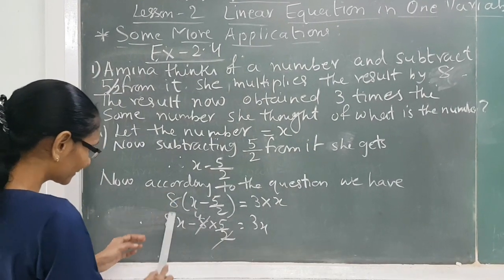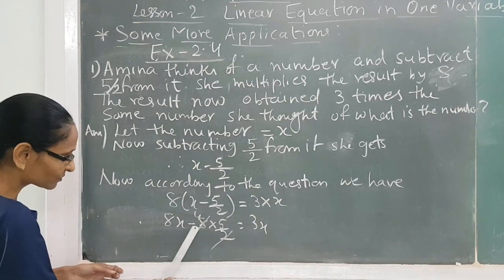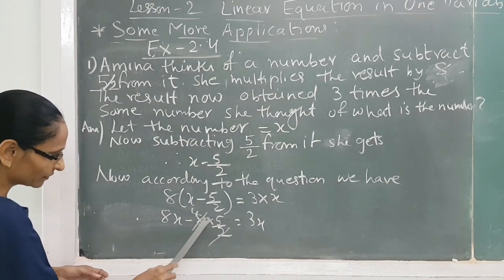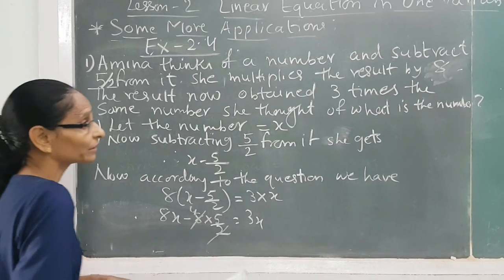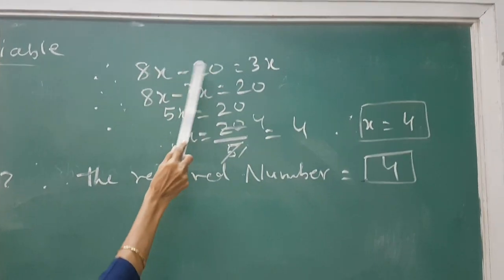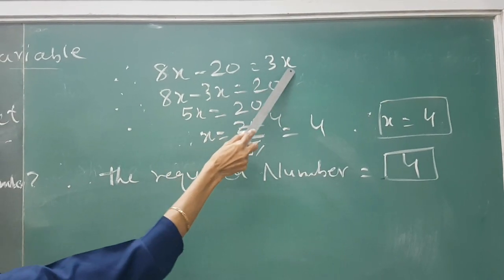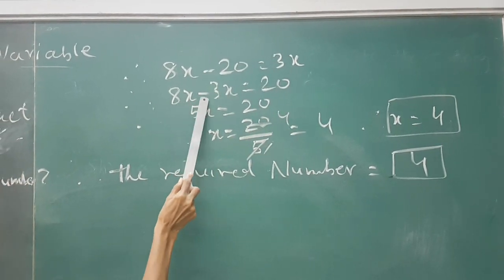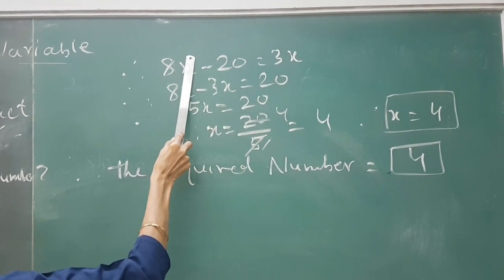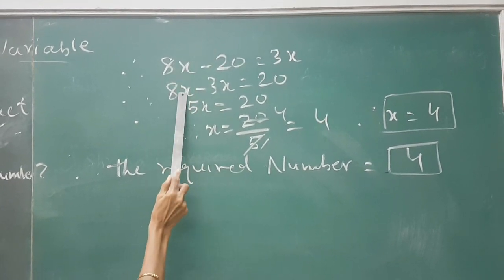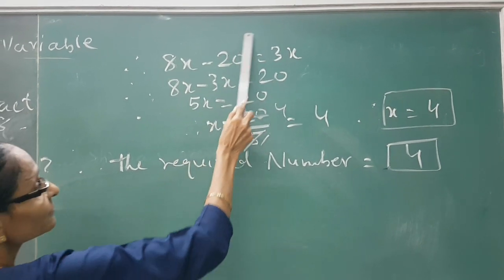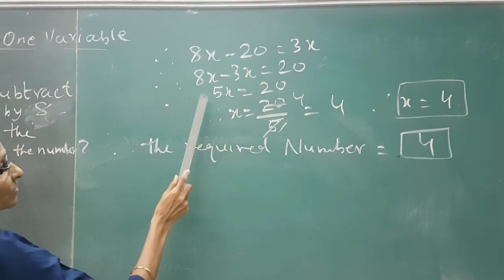Now open the bracket. 8 into x is 8x, minus 8 into 5 upon 2, 2 fours are 8, is equal to 3x. Therefore, 8x minus 4 fives are 20 is equal to 3x. Therefore, 8x minus 3x, by transposing 3x to the LHS, is equal to 20, by transposing 20 to the RHS.